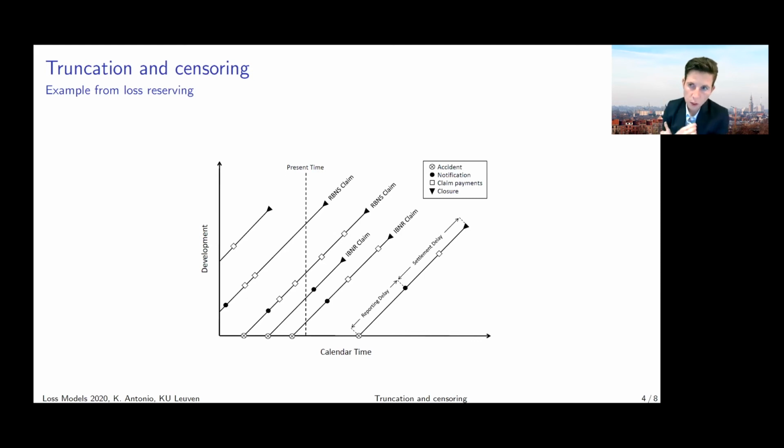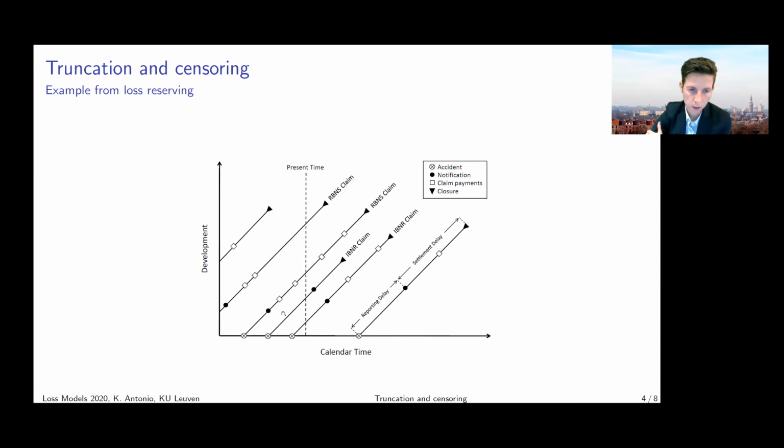If you look at the reporting process, there things are a little bit more subtle. This claim, this one, is a claim that has been reported at the present moment. How do I know that? Because the black circle is taking place before the present moment.